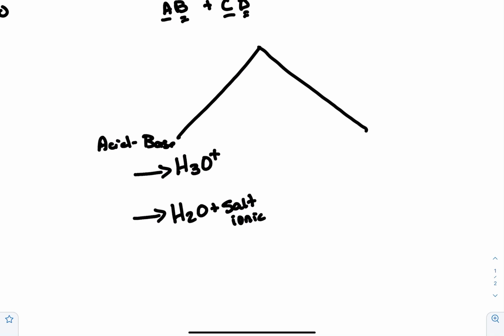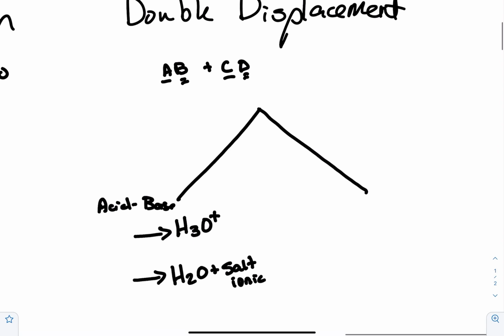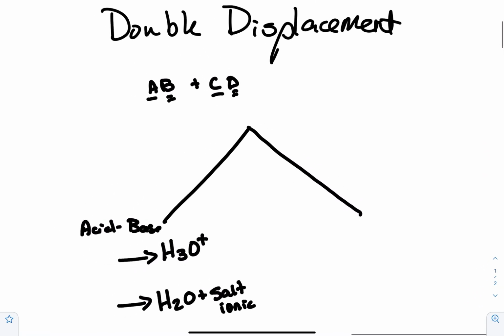And then the other type of double displacement reaction is when you make a precipitate.